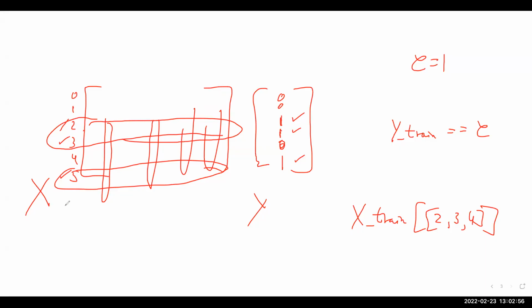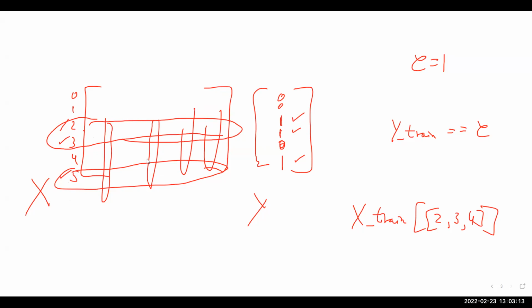So how many samples do I have? 3. So that's what I just got, 3. And then I had a total of 6 values. So it's going to be 3 divided by 6. You see that? That's the number of samples in that class.